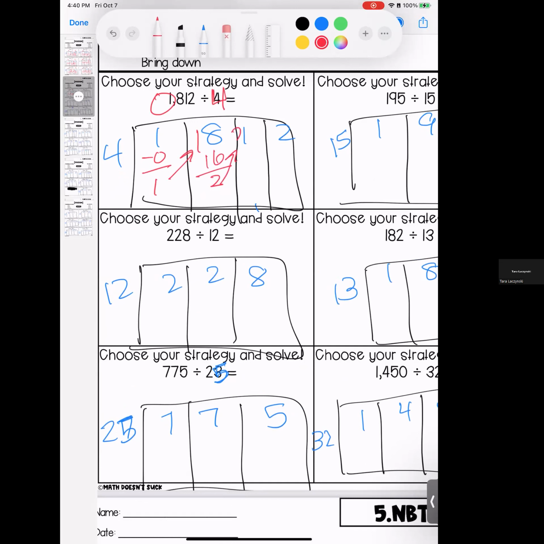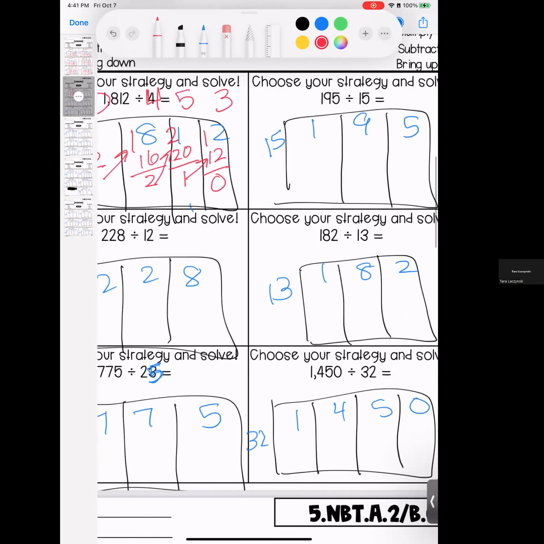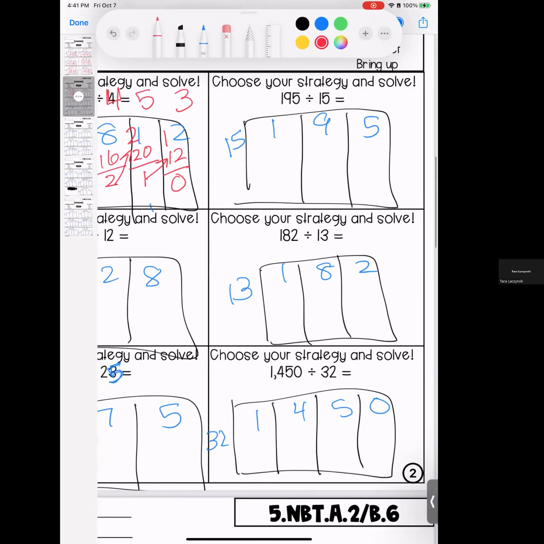Leaves us with 2, sliding over. 4 goes into 21. The closest we can get is 5. Subtracting 20. 21 take away 20 is 1. Sliding. 4 goes into 12 3 times exactly. No remainders. The answer for this one is 453.